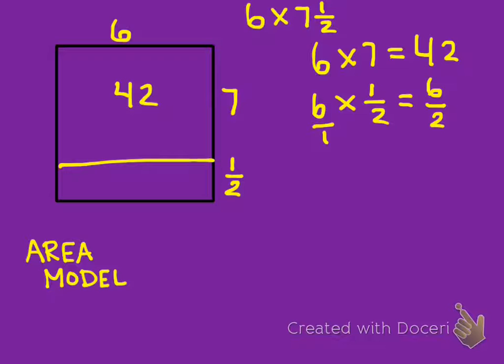That's improper, so I'm going to change it to 3. And that is the skinnier piece of our rectangle. To find the total area of the quilt, we're going to add 42 plus 3, and we get 45 square feet.